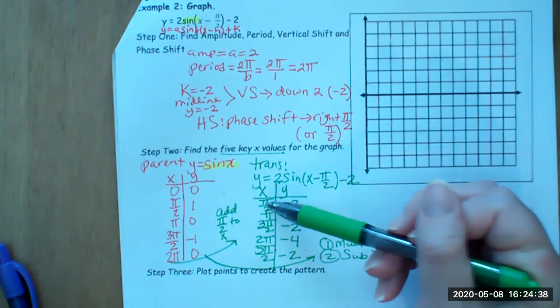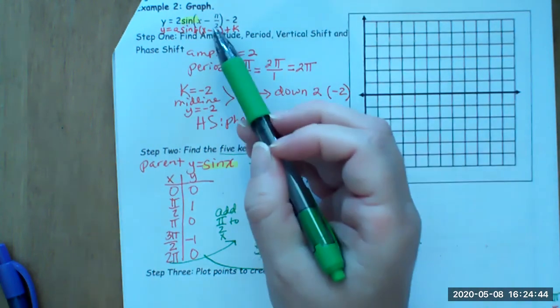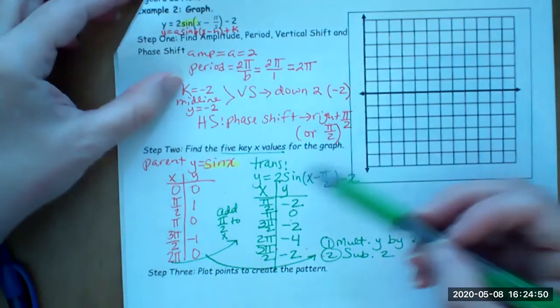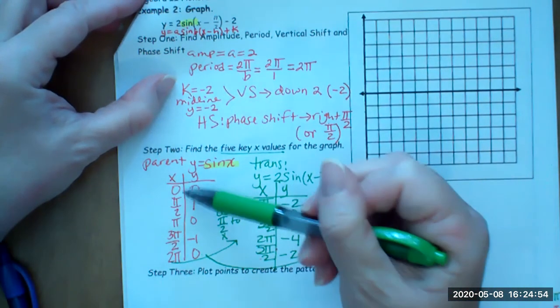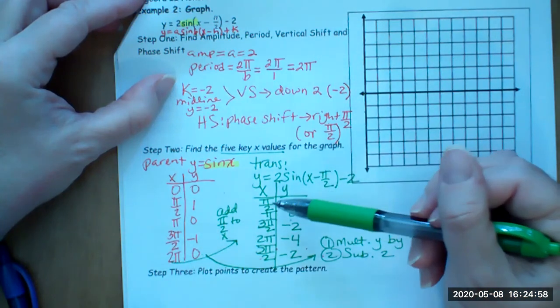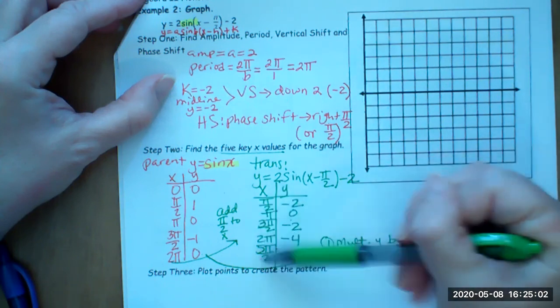So from pi over 2 to 5 pi over 2 is still 2 pi. It's just shifted right pi over 2, which is what the phase shift does. Okay? So what I want to do is I want to scale my graph to be able to fit these points on it. And I have a choice. I could either scale my graph using 0 to 2 pi, or I can scale my graph using the transform values.